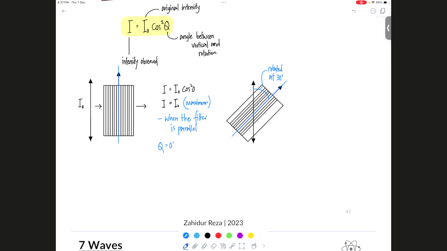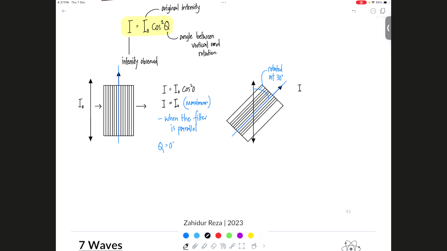What do you get? 0.5. Did you take cos 30 and did you square it? What's cos 30 squared? Right, 0.75.